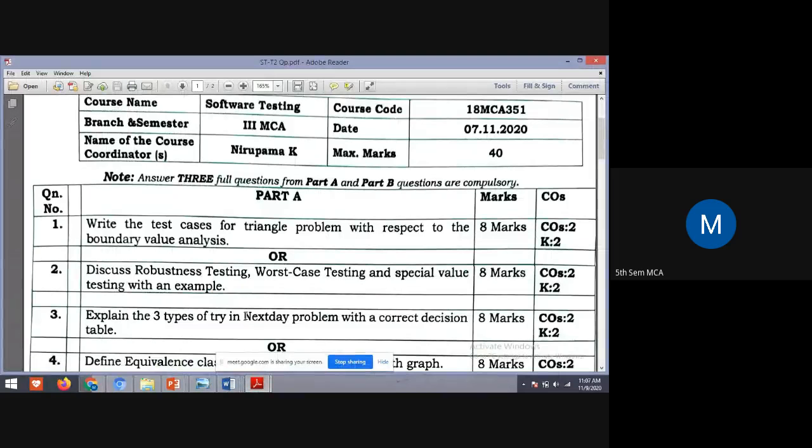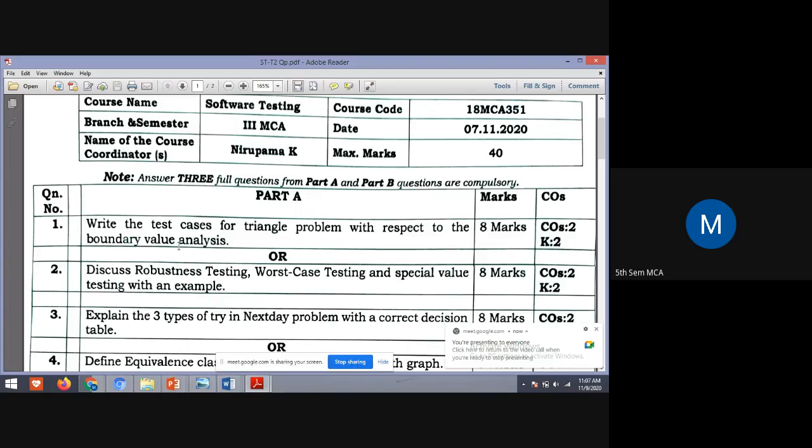Yes, students, write the test case for triangle problem with respect to the boundary value. So first, if you understand what is boundary value, then only you are able to write the test cases for triangle problem with respect to the boundary value analysis.